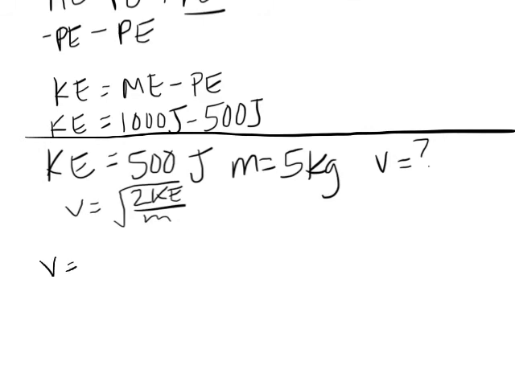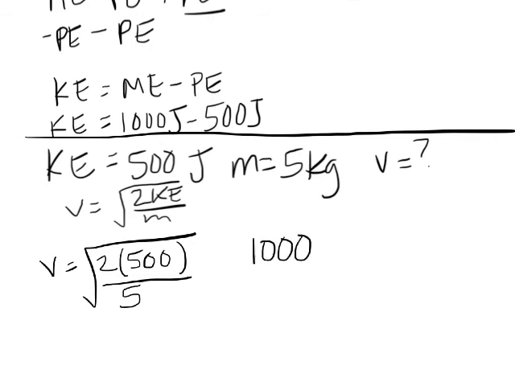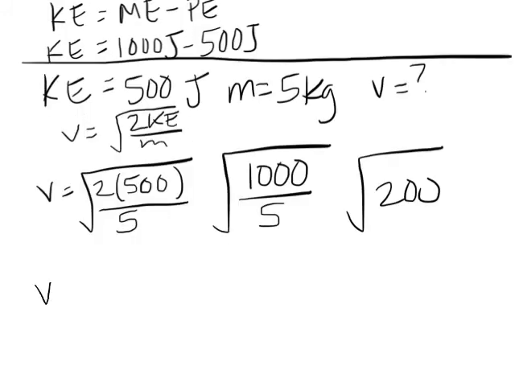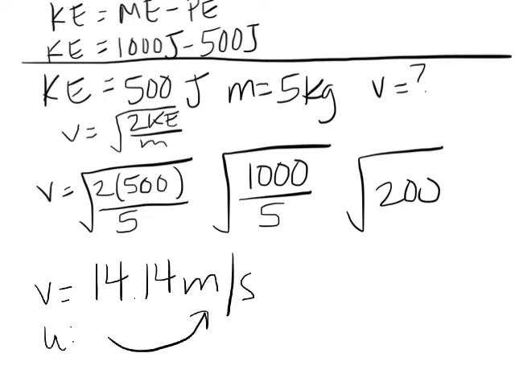We're going to plug in what we know. So we're going to have 2 times 500 divided by 5, which is 1,000 divided by 5, or the square root of 200, which the square root of 200 is 14.14, and that's units of meters per second.